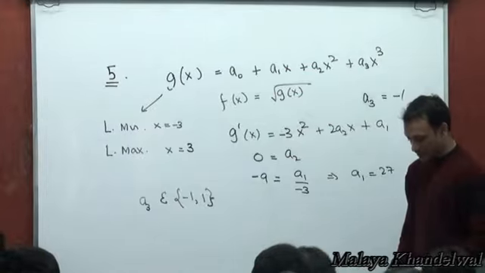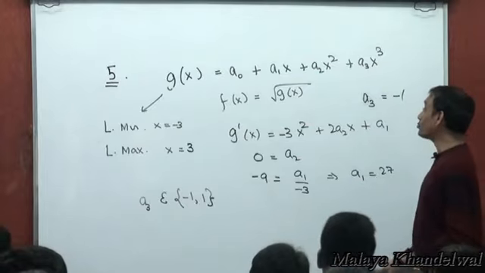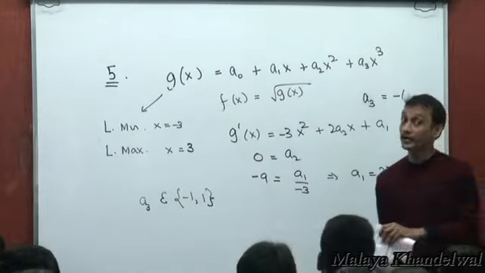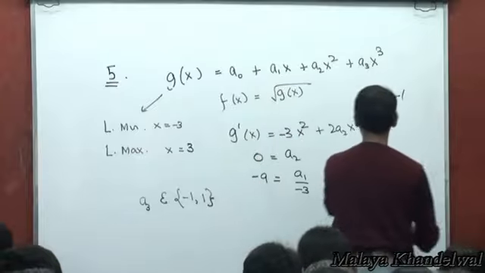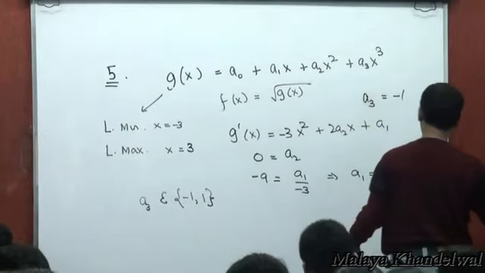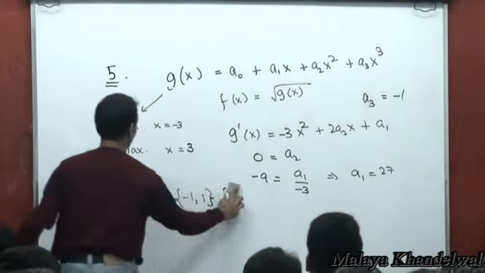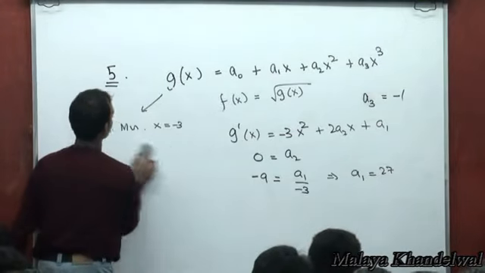Now how about a0? Let's figure out the limitations on a0. We figured out a1 is 27, a2 is 0, a3 is -1.